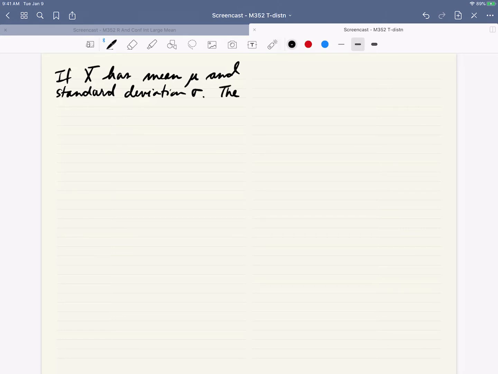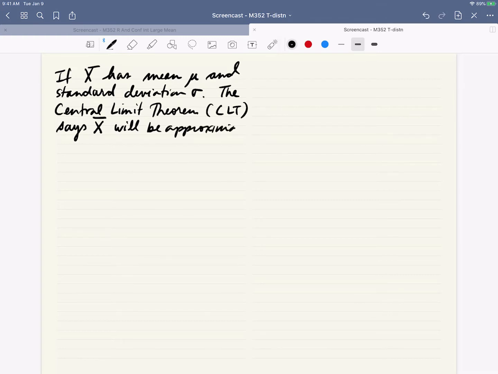The central limit theorem, which I'll abbreviate CLT going forward, says the sample mean will be approximately normal if the sample size is large.